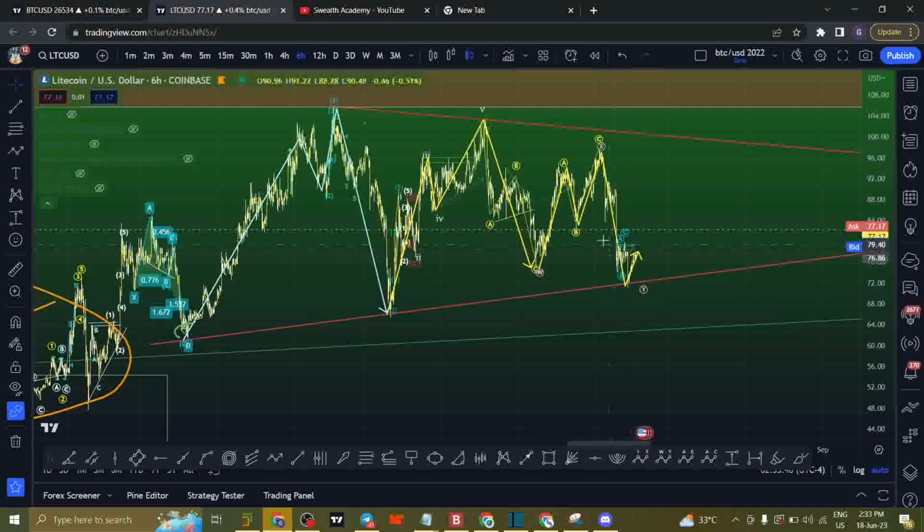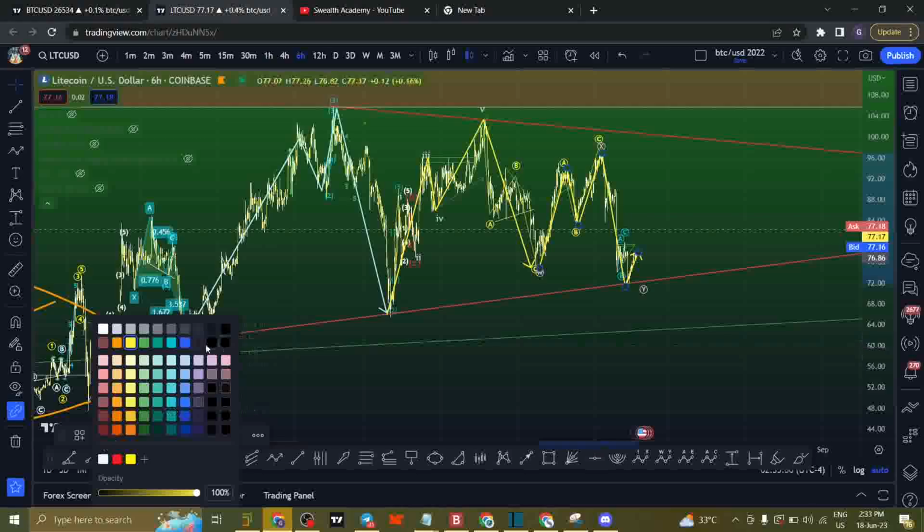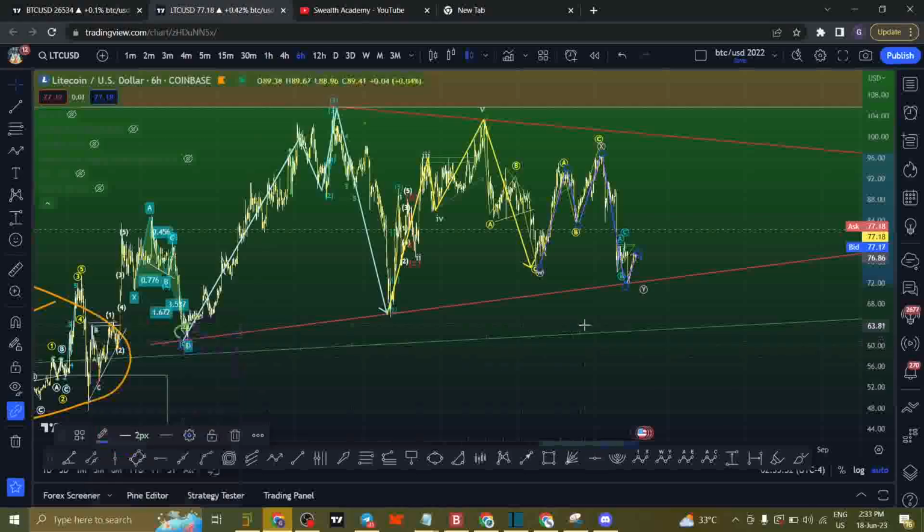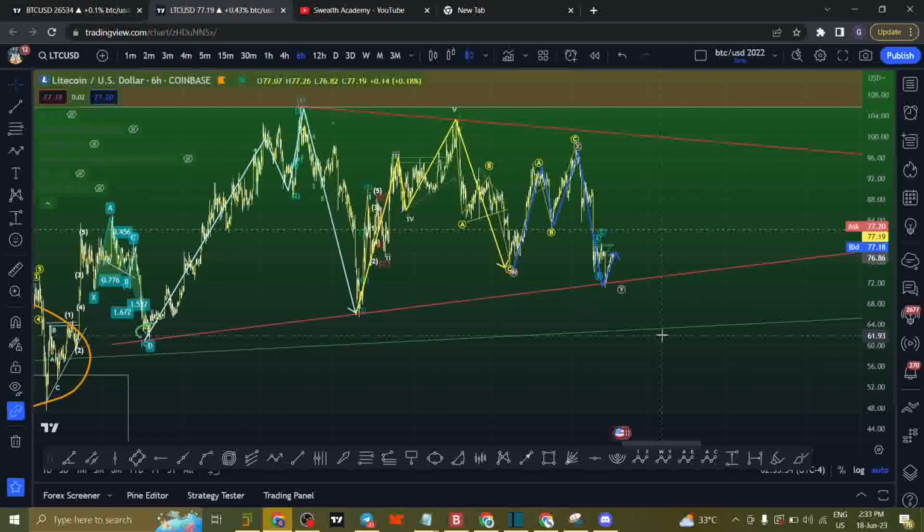So our third fractal, we're gonna go ahead and change the color to blue, so that we're able to color code them and tell which one is which.